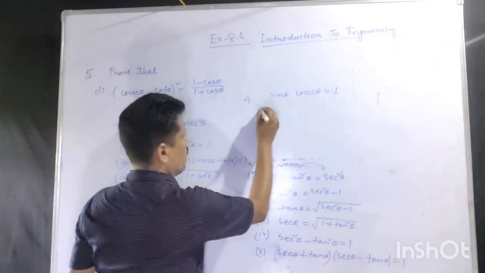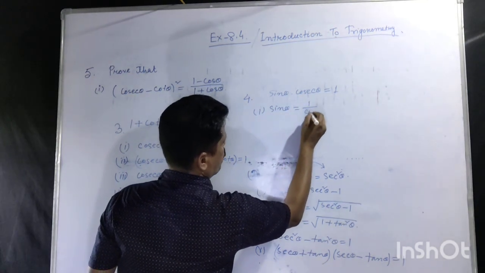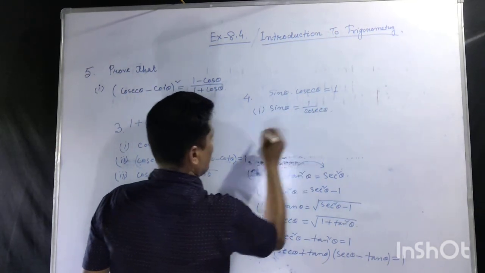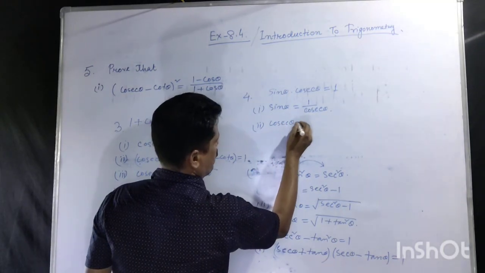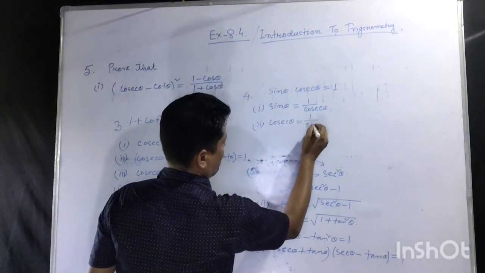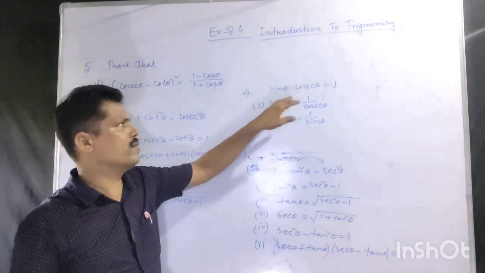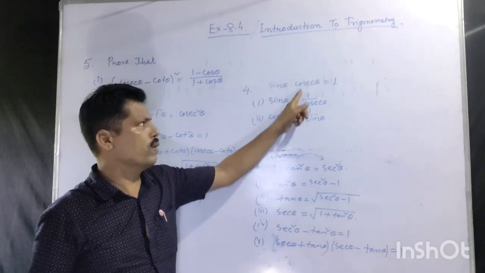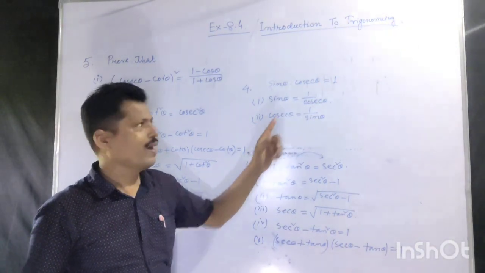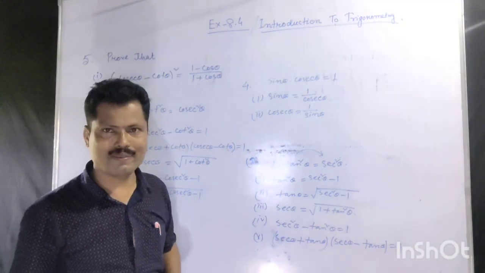From here we can find sin theta is equal to 1 by cosec theta, and cosec theta is equal to 1 by sin theta. So the main identity is sin theta into cosec theta is equal to 1. Like this way we can find out.